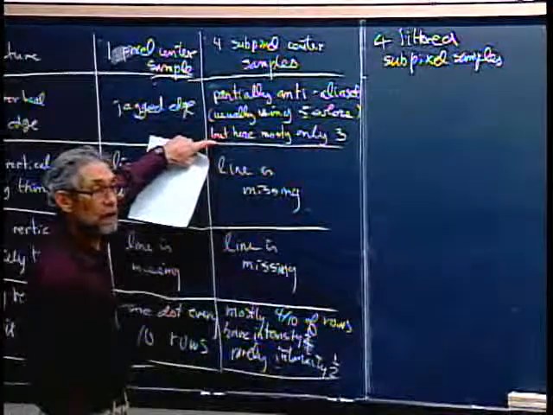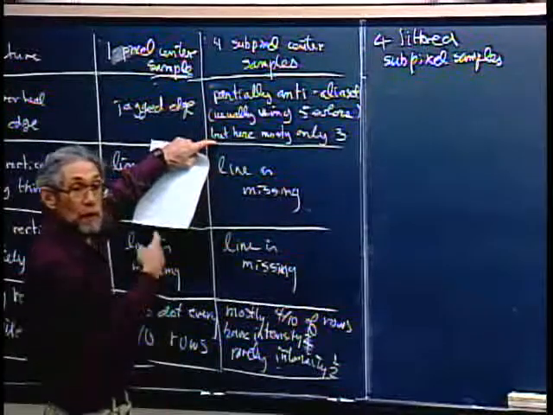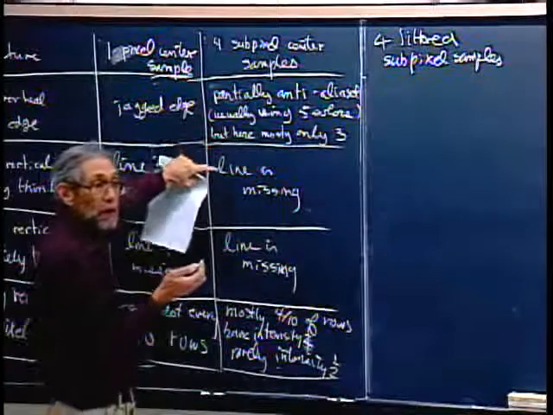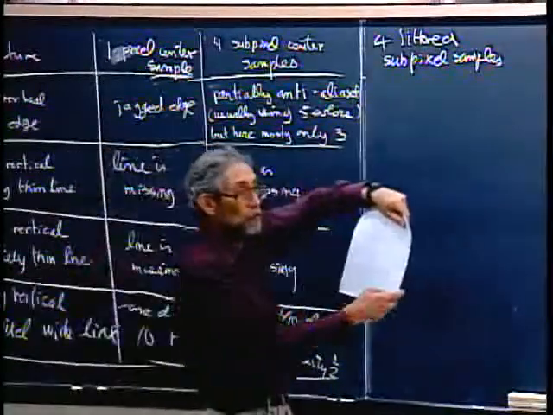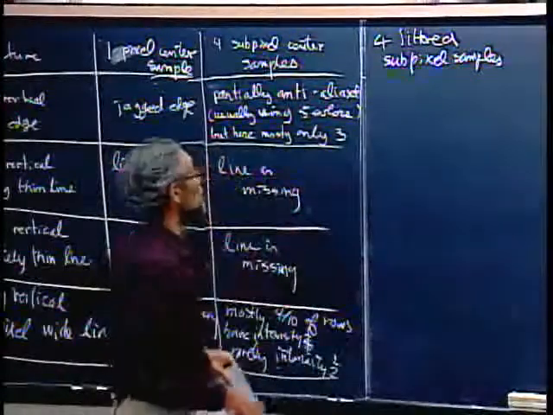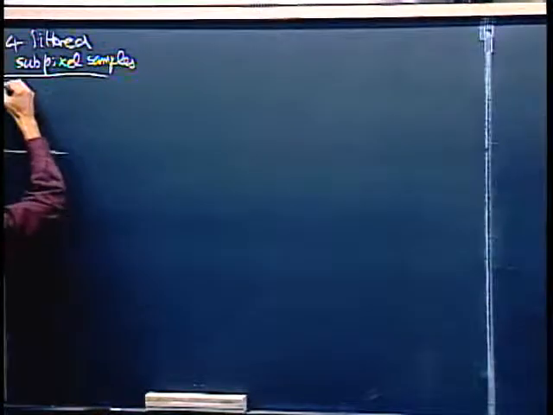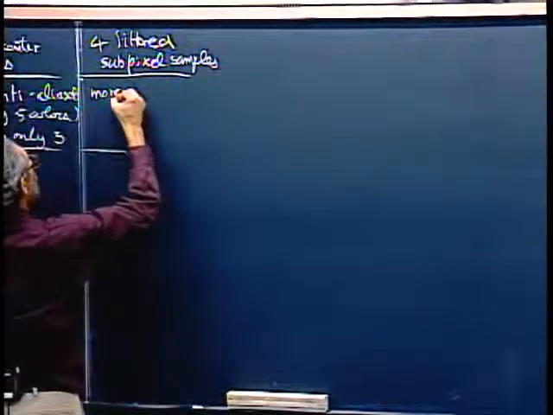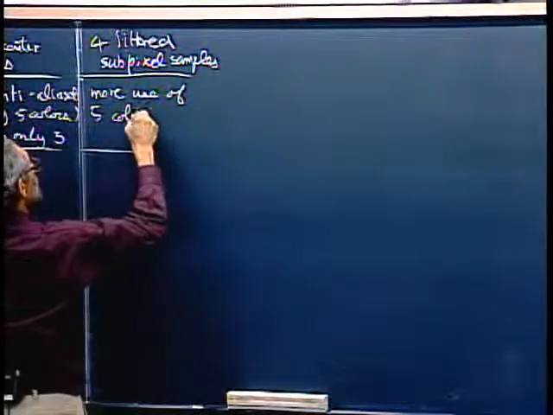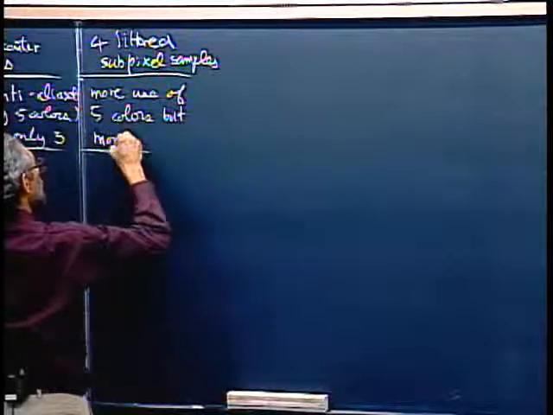Because they're jittered, I think you're more likely to be able to get other numbers more often, right? Because even though that edge is almost vertical, because the samples wiggle a little bit, you'll get more use of 5 colors, but more noise.